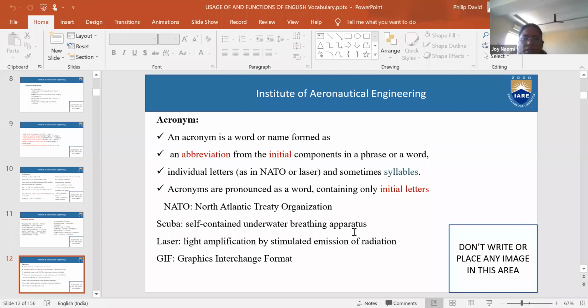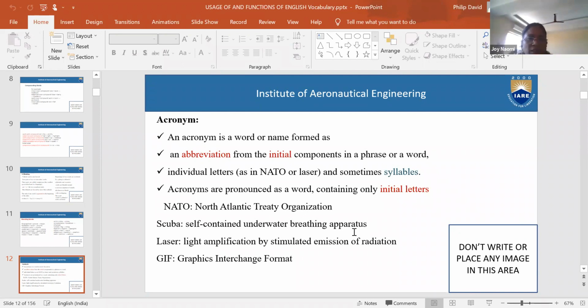The initial letters of a word are called abbreviations, acronyms. Acronyms are the initial letters of a word.